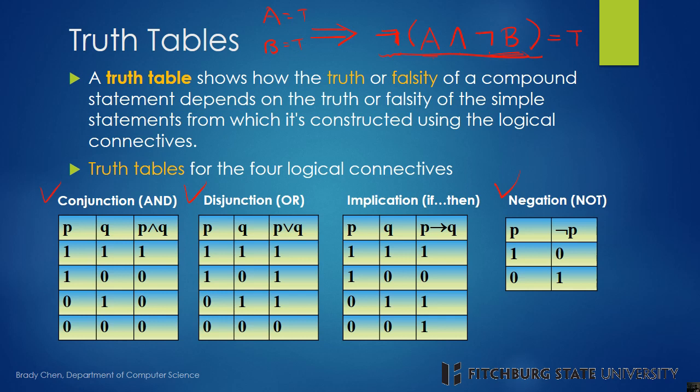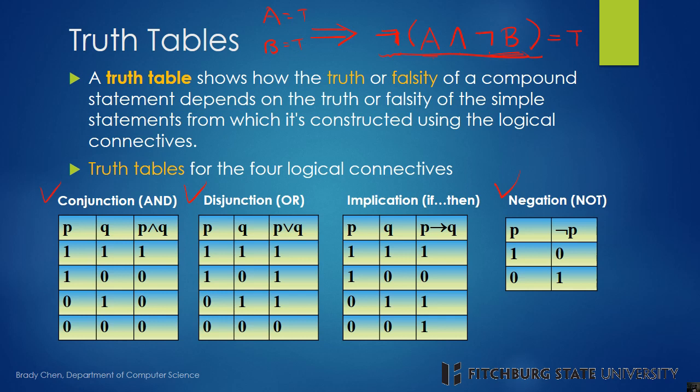Let's take a look at the conjunction. Conjunction basically means and. In the English language, by definition, we use 1 to represent true and 0 to represent false.